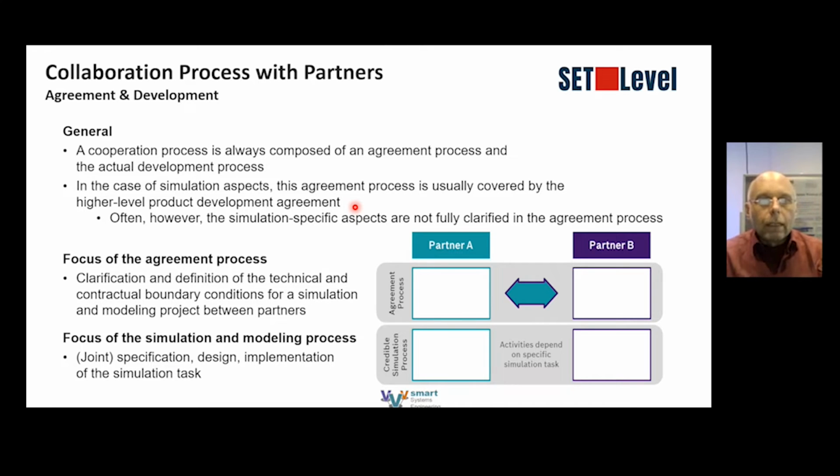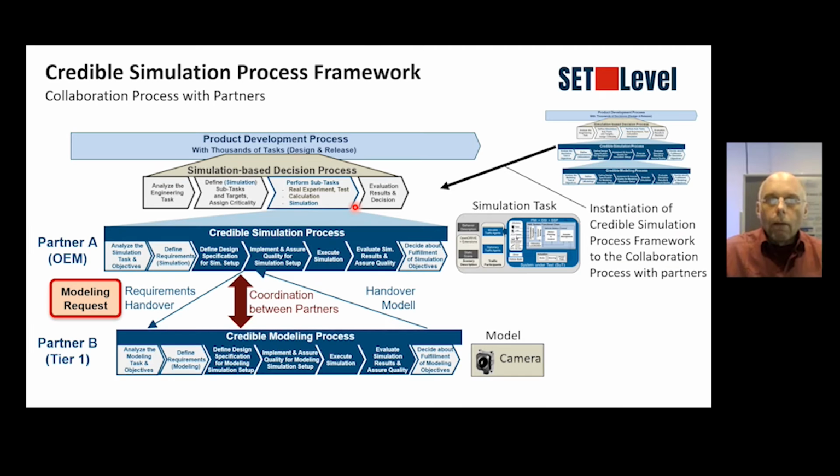Often, however, these simulation-specific aspects are not fully clarified in the agreement process, and that is also one of the key findings within our project. What you see here on the upper level is the credible simulation process, and here is the credible modeling process.